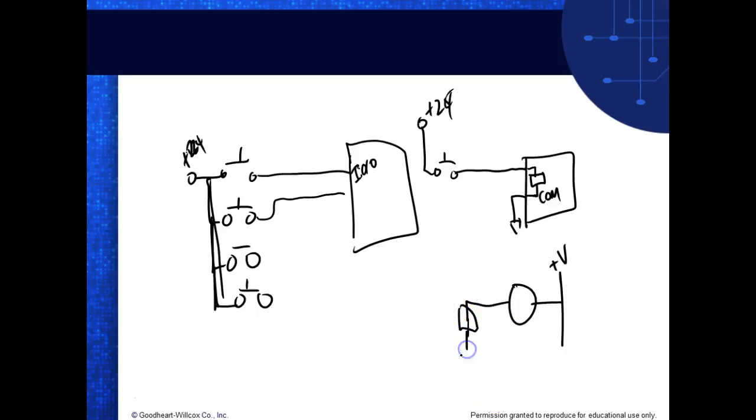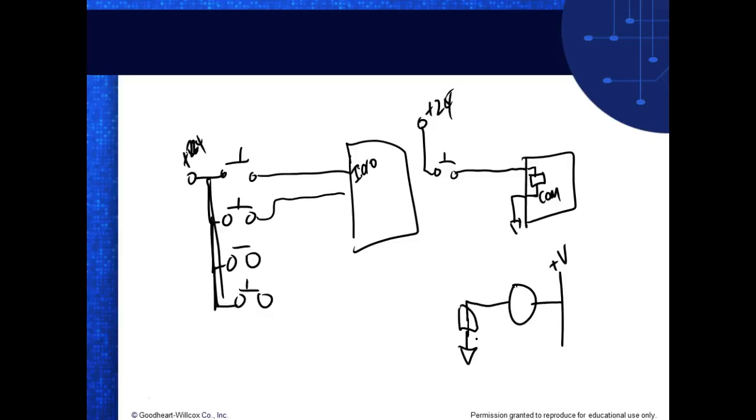So that means if I use a sourcing output device, I've got to have a sinking output. They've got to be just opposite. So if my equipment uses a positive common, then my inputs have got to provide the ground. And that all depends on what you hook up out there. That's what you've got to look at.